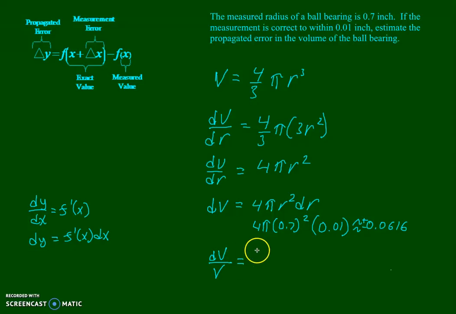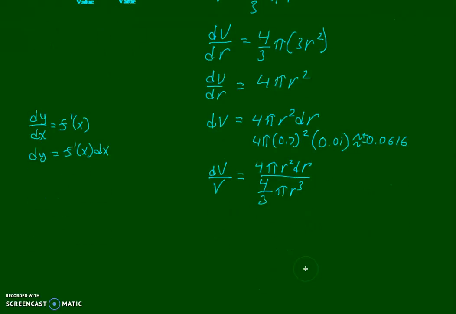And so our propagated error over the volume is 4 pi r squared dr over 4/3 pi r cubed. Simplifying this, we can see the 4's are going to go away. This 3 is going to go to the numerator. The pi's cancel out. This r squared term is going to go away. We're left with dr over r with a 3 in the numerator.